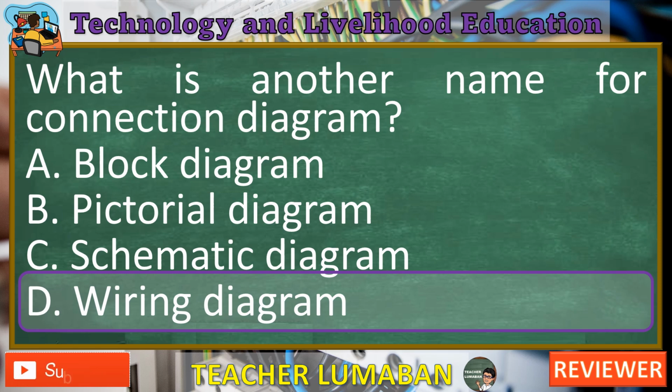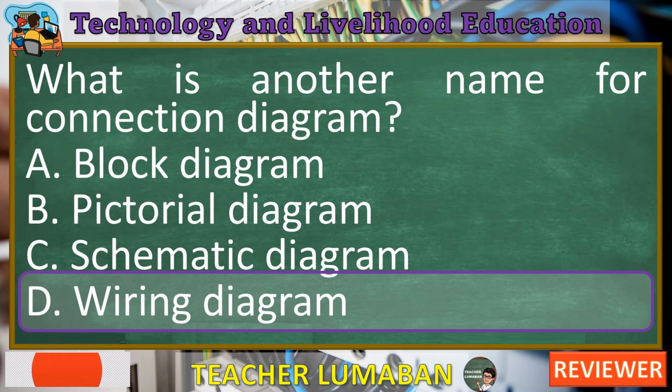Here's why the other options are not correct. A. Block diagram represents the system with blocks and shows the relationships between different system components but does not show the physical connections or wiring. B. Pictorial diagram uses pictures of components to show their locations and connections, but it is more focused on a visual representation rather than the detailed wiring.